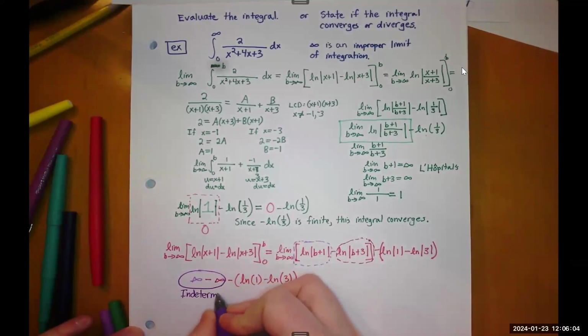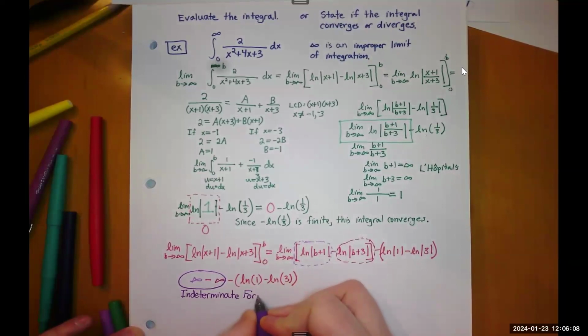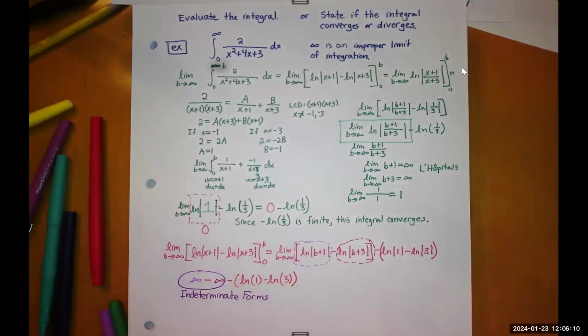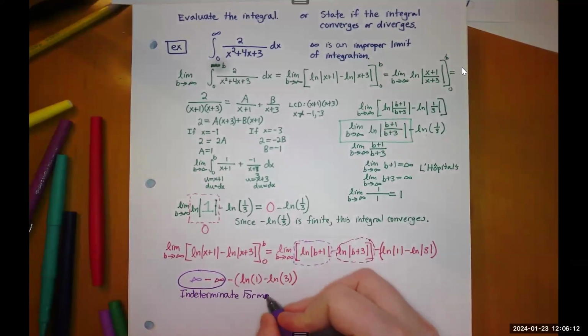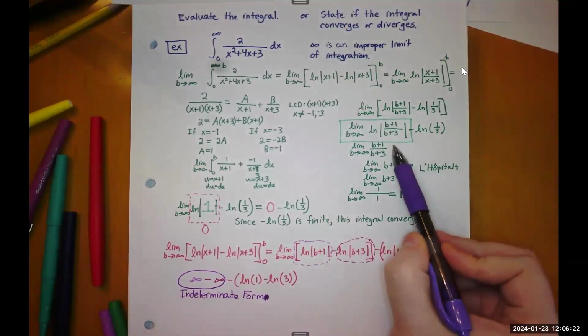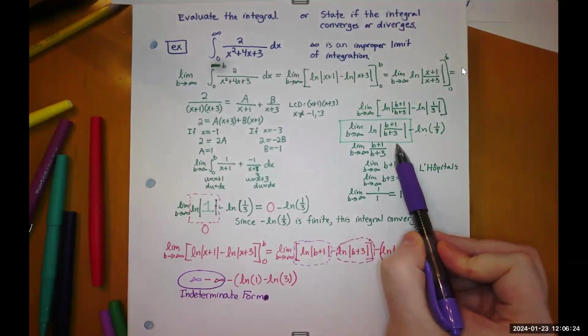And when we have indeterminate forms, well, we haven't studied this particular concept recently. We know that generally we want to use algebra to remove that from consideration. And the algebra that removes that consideration is applying log properties.